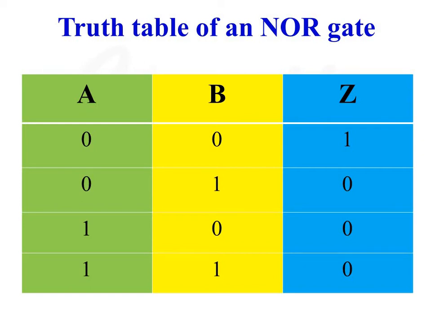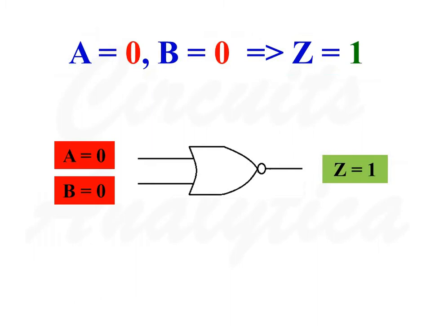This is the truth table of a NOR gate. So we can summarize the truth table as: if both inputs are at logic 0, then output is equal to logic 1, else output is equal to logic 0. If A is equal to B is equal to 0, Z is equal to 1.